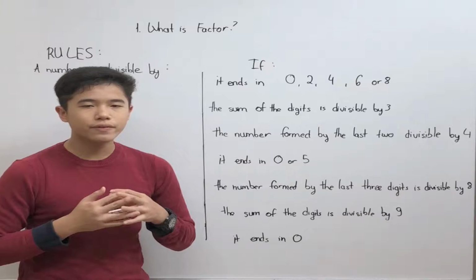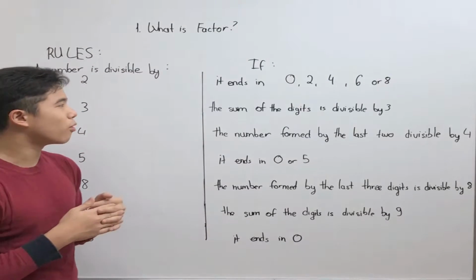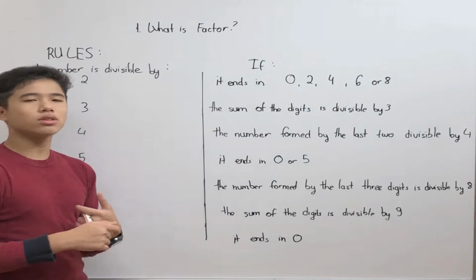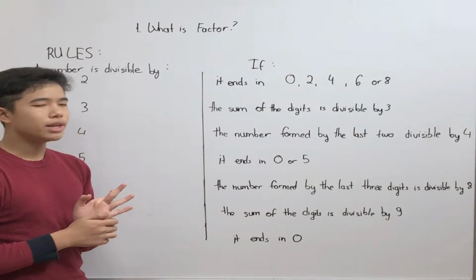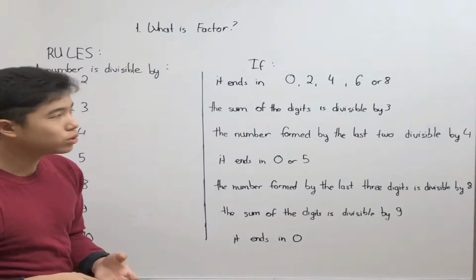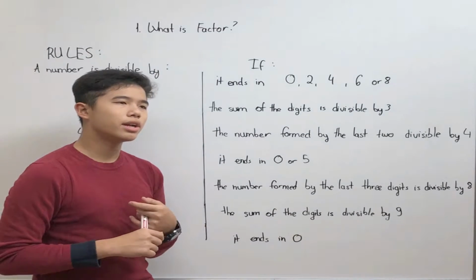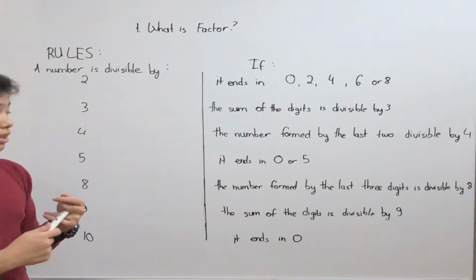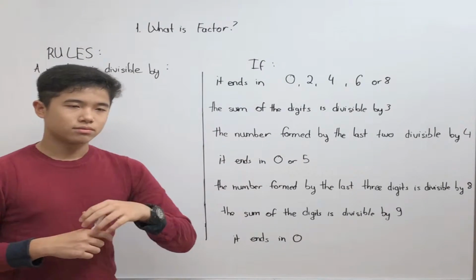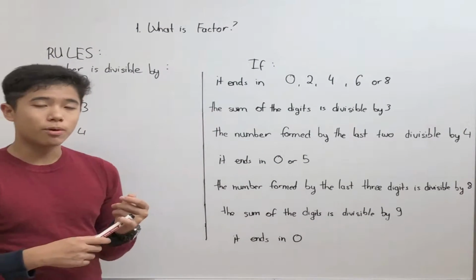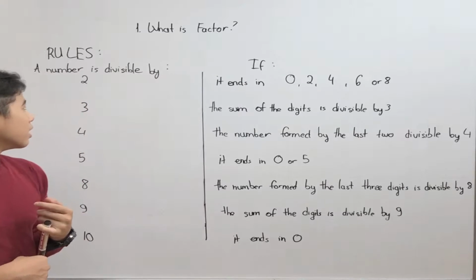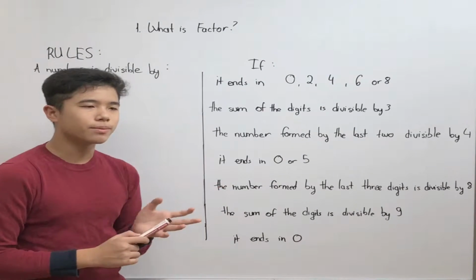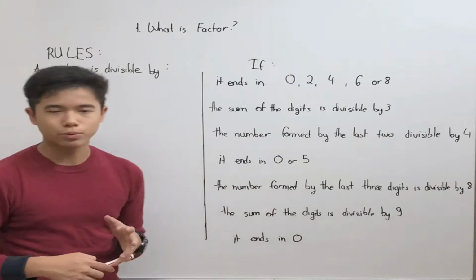Yeah, all of the even numbers are divisible by 2. For example, 8 is an even number, so it's divisible by 2, like 410. Also an even number because it ends in 0. Divisible by 2 also. So if you see any number that ends with an even digit, it is divisible by 2.